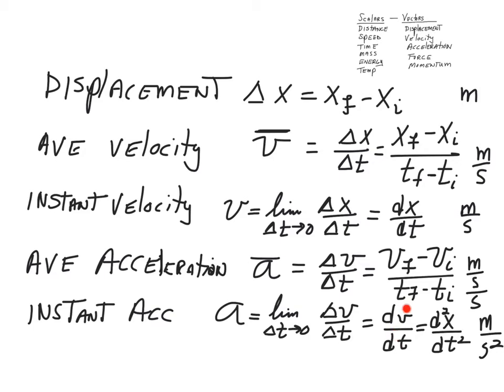But since v already is a derivative, you get, for those of you that have had Calc 1, dv dt is the second derivative of the displacement vector with respect to time, and it's written this way. So acceleration is either the first derivative of the velocity or the second derivative of the position vector with respect to time. And in either case, the units are meters per second squared.